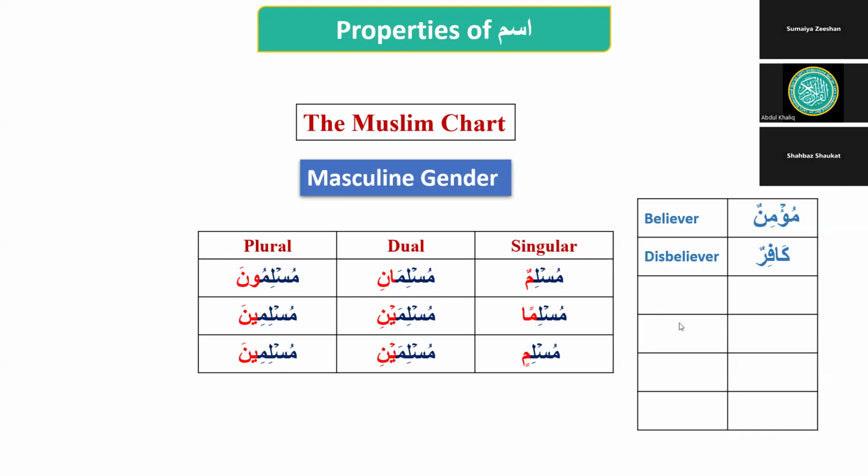So I will go through one more word and then we go to the breakout room, and in the breakout room others will get the chance. One more volunteer before we close this session. Okay, Usman, assalamu alaikum. Walaikum salam, Usman. Go ahead. Give me the Muslim chart with the word Muslim in it.